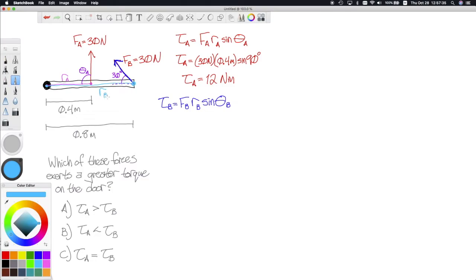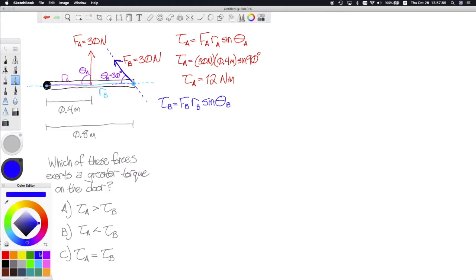So this distance in light blue is RB, and that is the 0.8 meters. If we extend out our lever arm and we extend out our force along the lines that they act on, we can see that the 30 degrees here is the angle that we need. So that 30 degrees here is theta B.